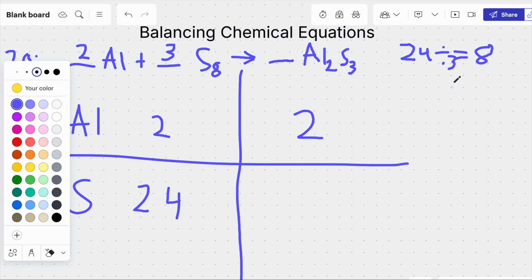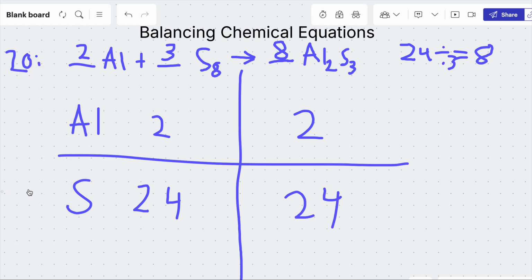Excuse me. It's basically saying 8 times 3 is 24. So if we go back to this side and ask how many S3s we need to get 24 S's, we know we need 8, because 8 times 3 gets us to 24.